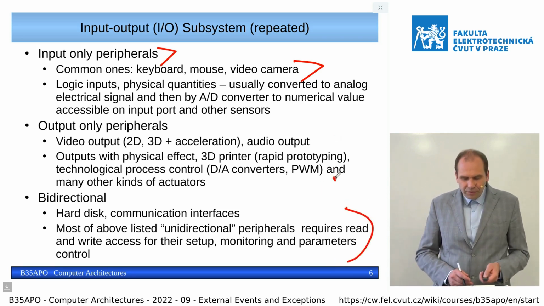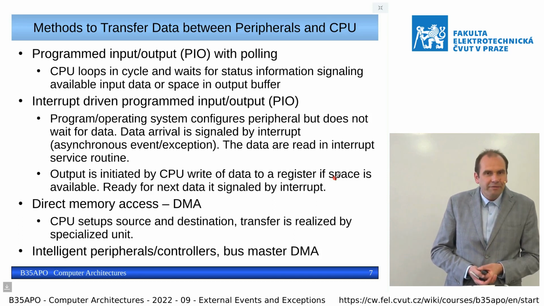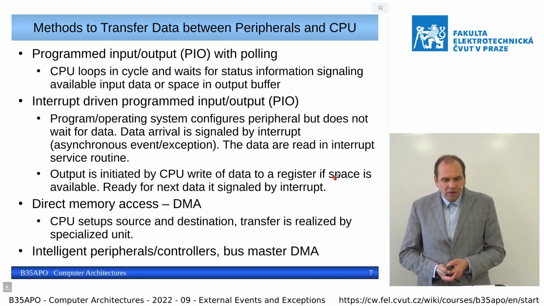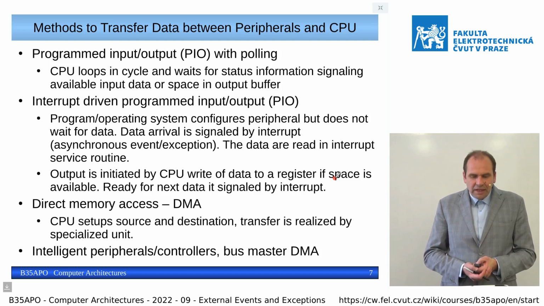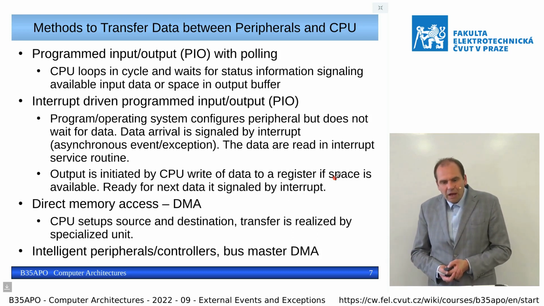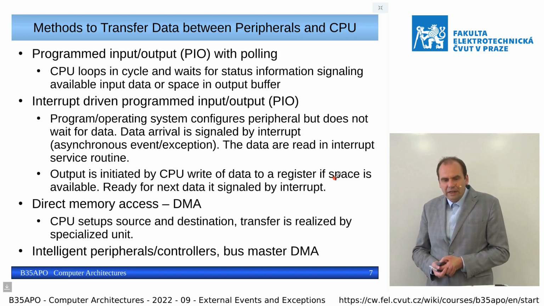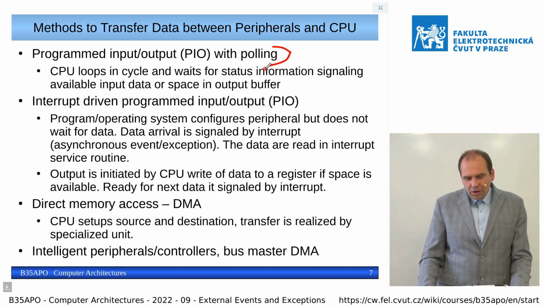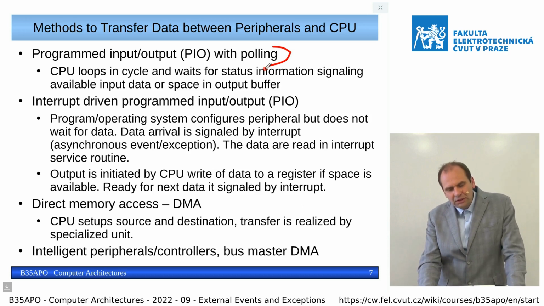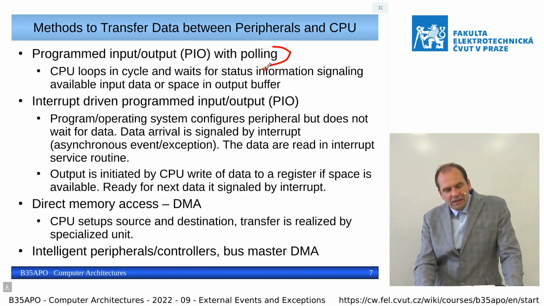We have looked at how to connect simple peripherals to the system during the last lecture, and now we focus on how to wait for data. We have seen the so-called polling solution, where we check if the output TX register is ready to accept the next character.